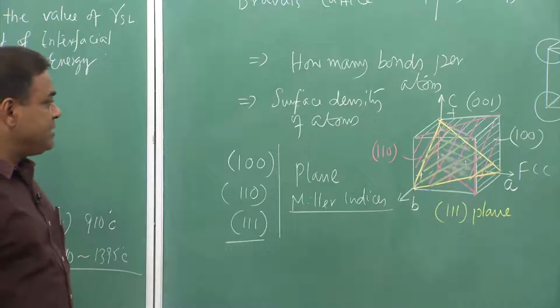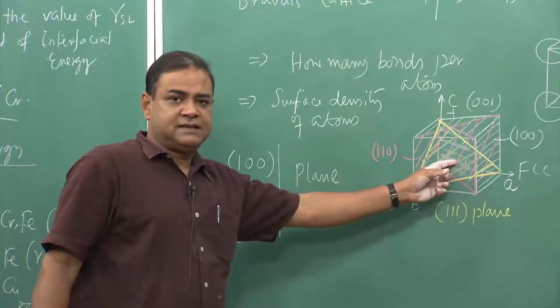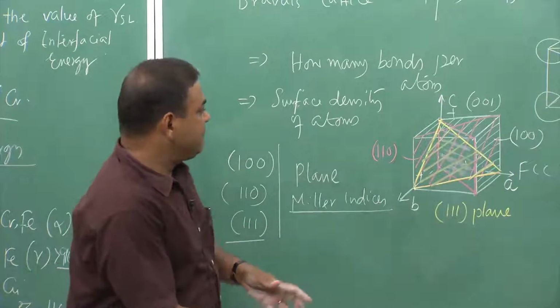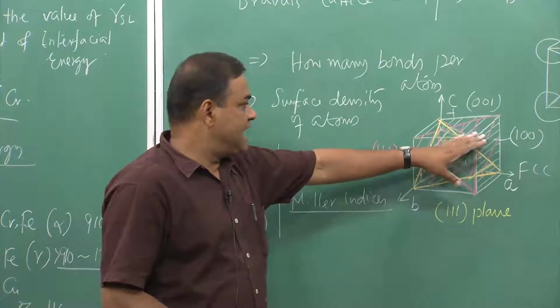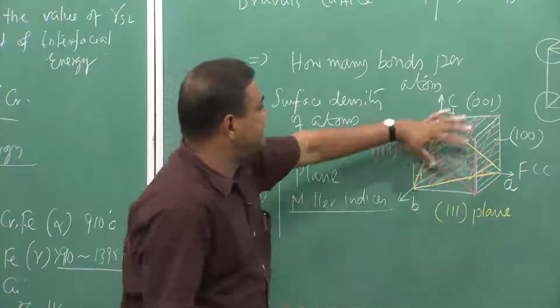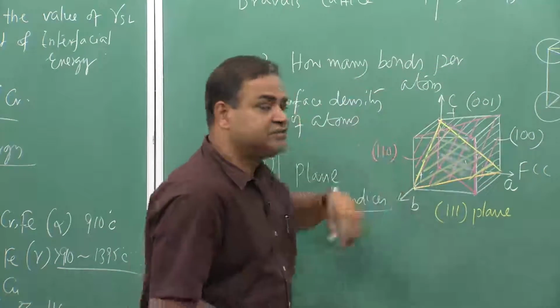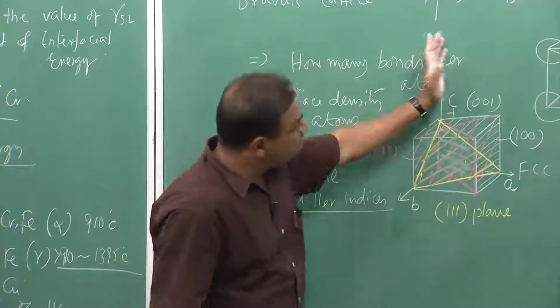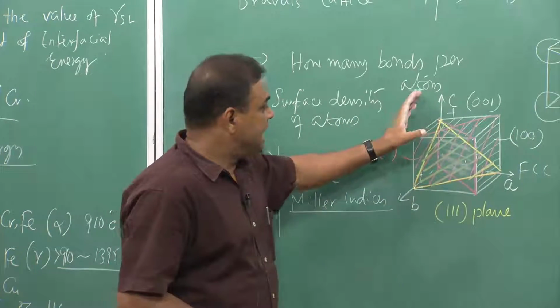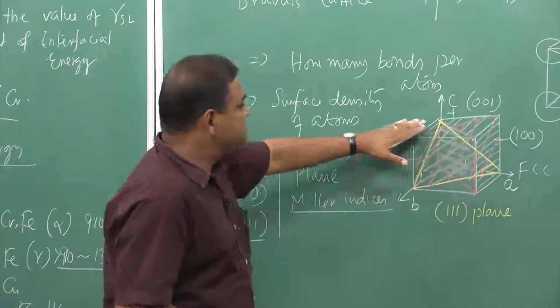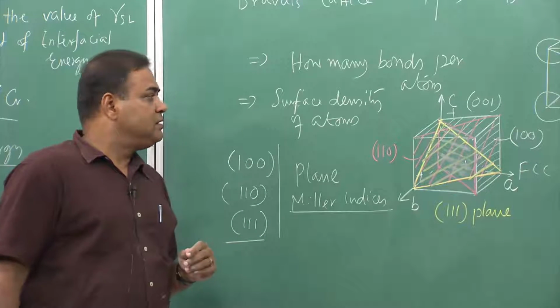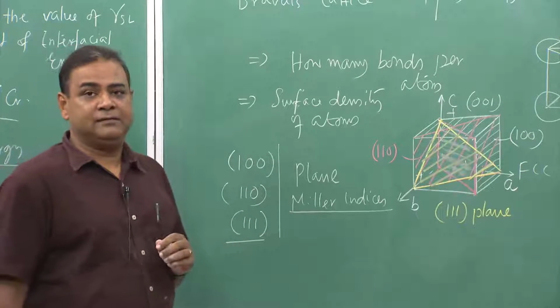Now, depending on these planes, let us say I have a cube like this and I cut it, and there is another cube on top of this. I remove the top cube, which means I am exposing the 0, 0, 1 plane.